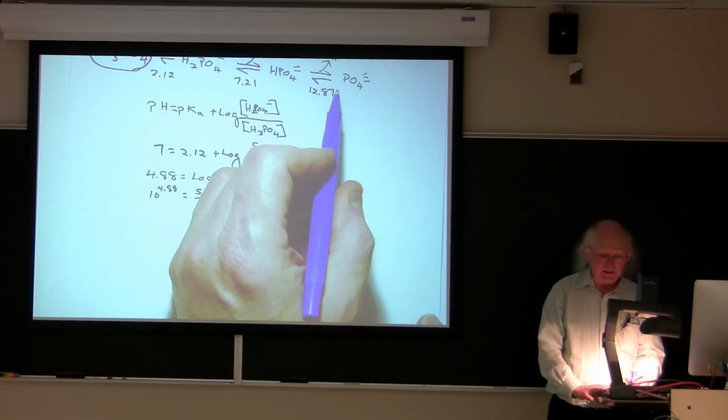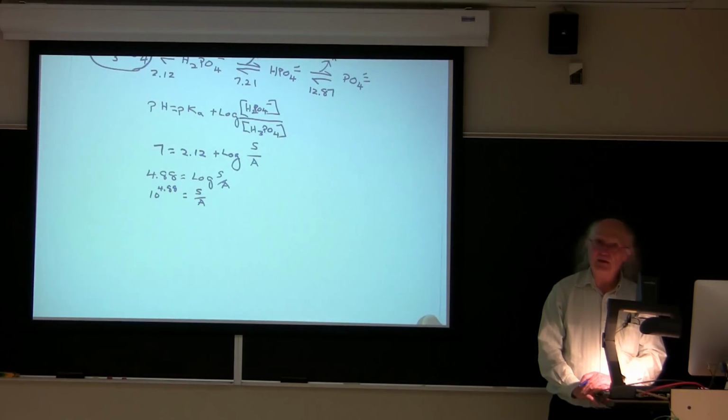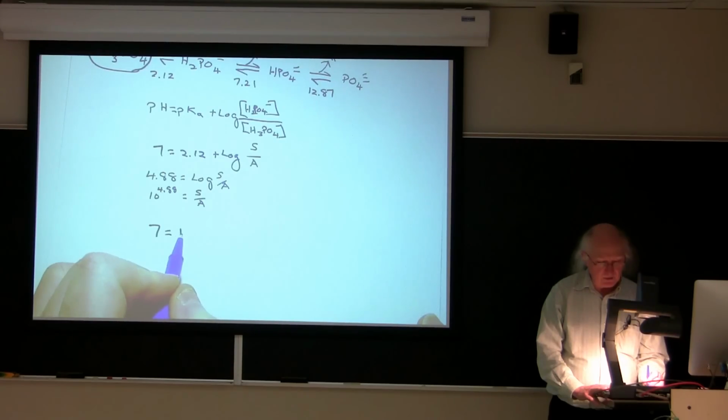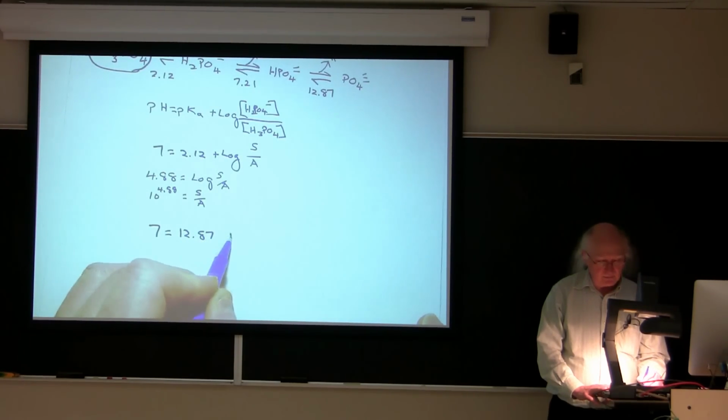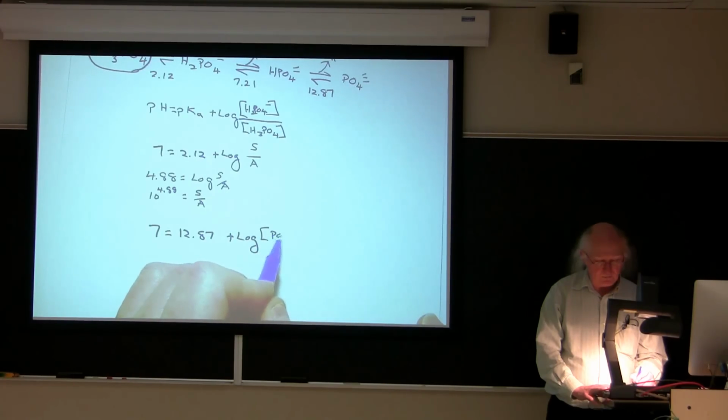Next, we can go to the other side and say, well, between HPO4 minus minus and PO4 minus minus minus, which is the most abundant at pH 7? Well, if we look at pH 7, we say that pH 7 is equal to 12.87 plus the log of the salt form, which is PO4 minus minus minus.